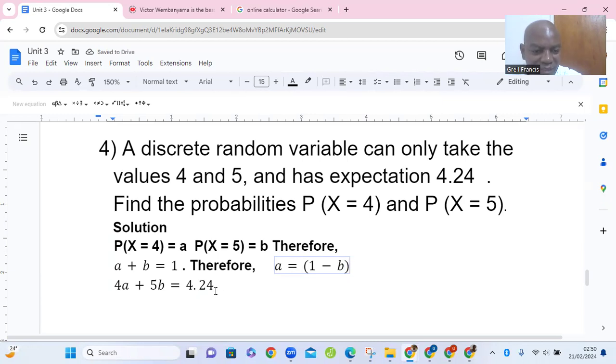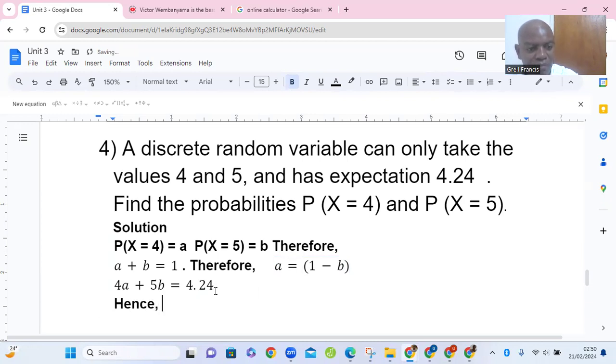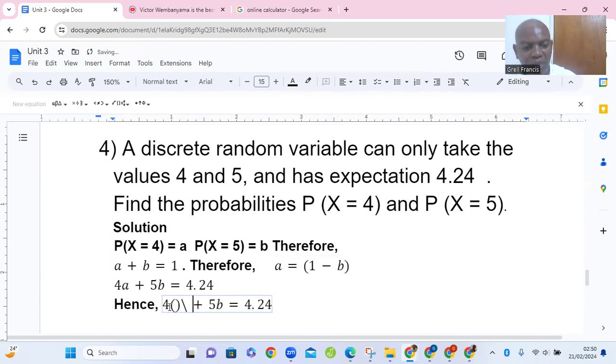So if that's A, let's substitute the value of A now in this equation. So 4 times A, but we know A now to be 1 minus B. So now we have one equation and one unknown. We can easily solve for B now.